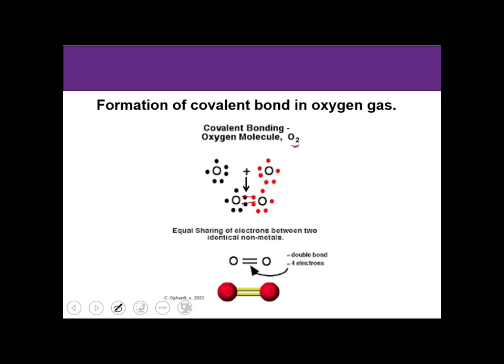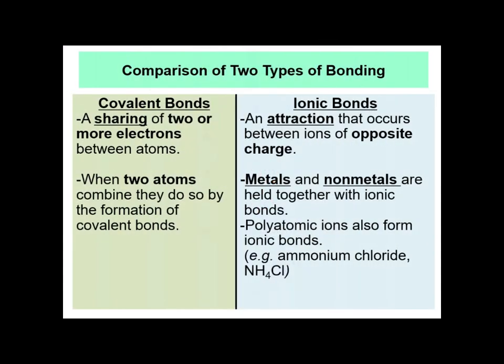So 2 pairs of electrons are shared. So you can simply replace the 2 pairs of electrons by 2 single lines. So this is what you call a double bond. So 2 bonds contain 4 electrons. So this is a double bond. If you have a triple bond, let's say N2, that will contain 6 electrons shared.